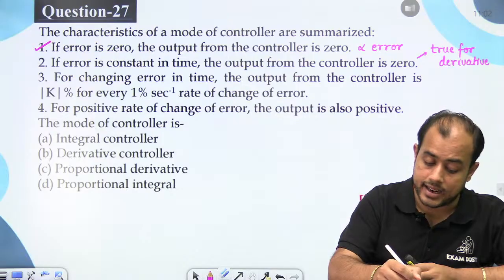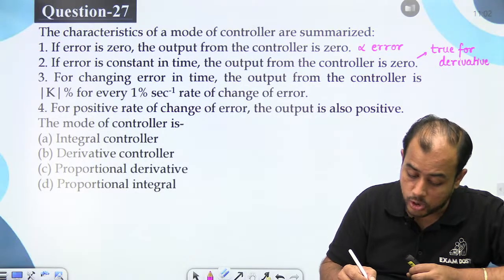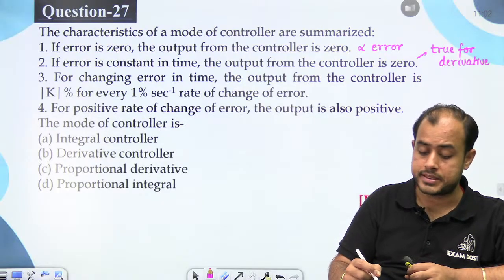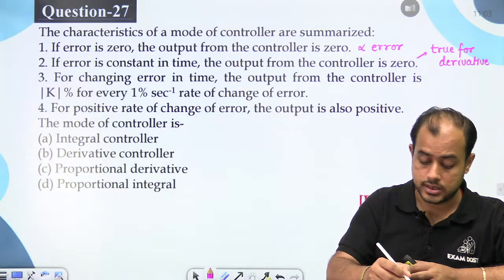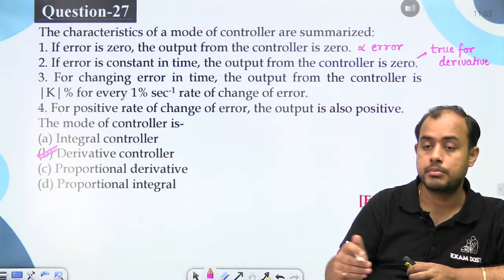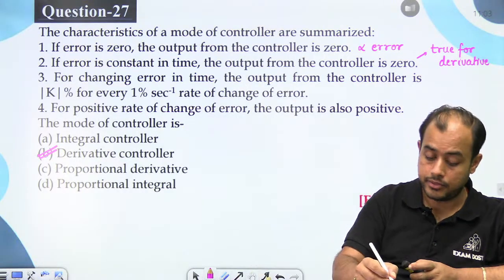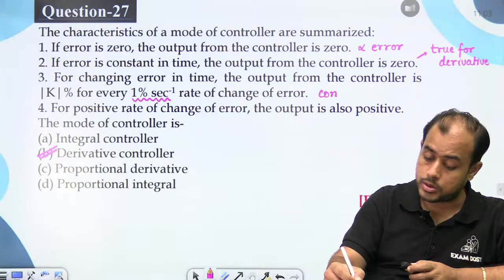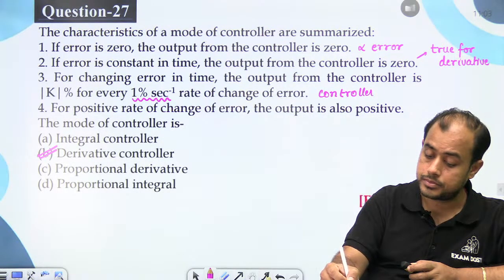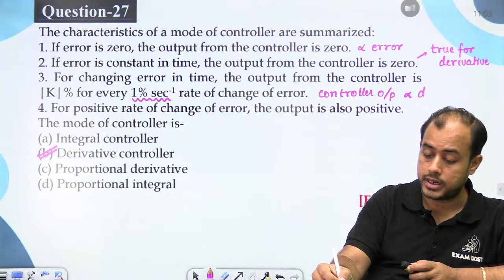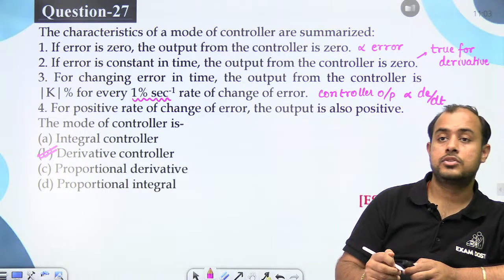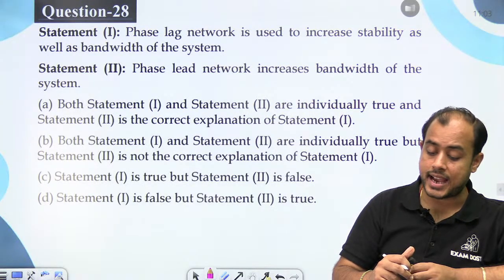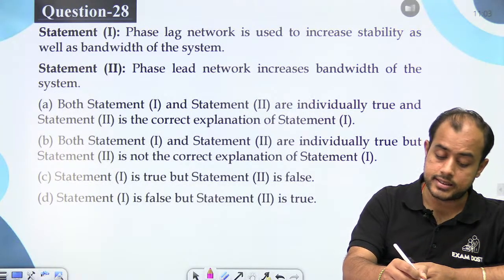For changing error in time, the output from controller is k% for every 1% per second rate of change. तो डेरिवेटिव ही आना चाहिए क्योंकि 1% पर सेकेंड यानी कि कंट्रोलर आउटपुट is proportional to rate of change of error. So it is derivative.